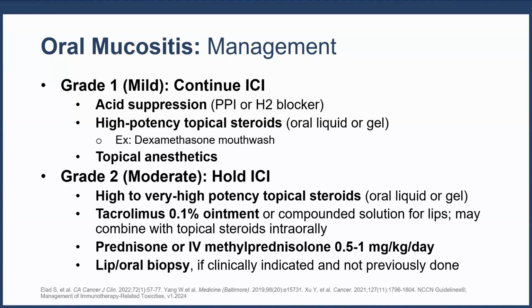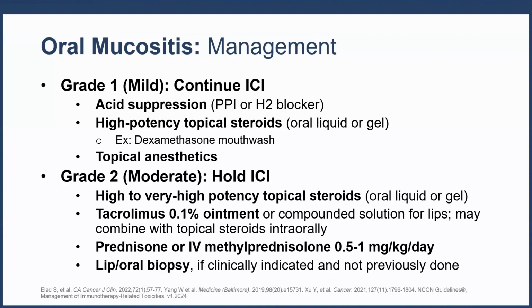With grade 2 or moderate oral mucositis, we would then hold the immunotherapy agent at this point, and then consider a little bit more high potency topical steroids. And so what are we talking about at this point? Well, there are other options we can be using for steroids beyond even just the dexamethasone rinse that might stick around a little bit longer, might bind a little bit longer to the oral tissue there.